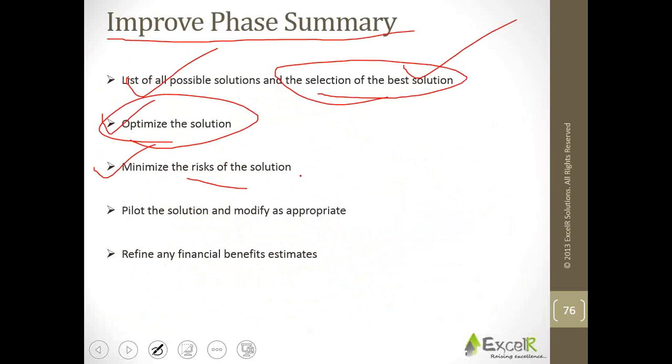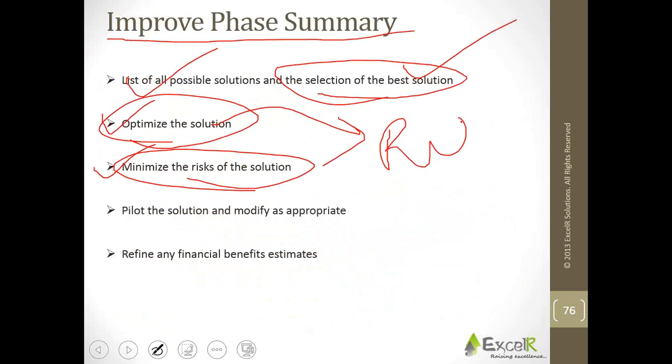Try to minimize the risks of the solution. If you implement the solution, there will be risks, no doubt about that. But try to minimize those risks. Pilot the solution and modify as appropriate. When I say pilot, do it on a small scale.